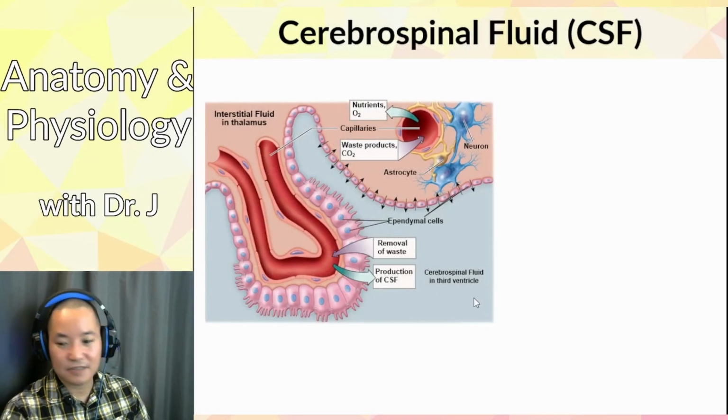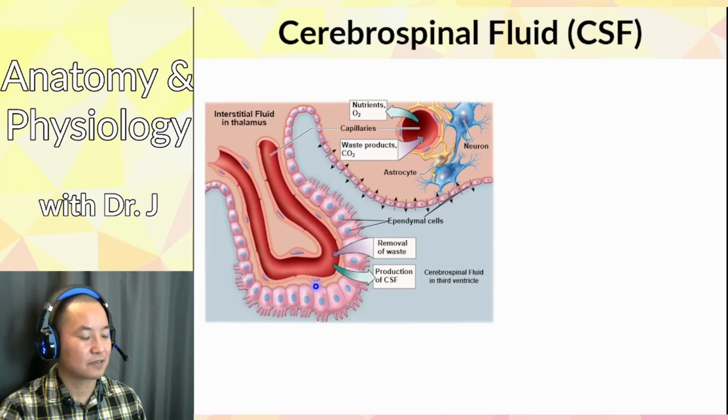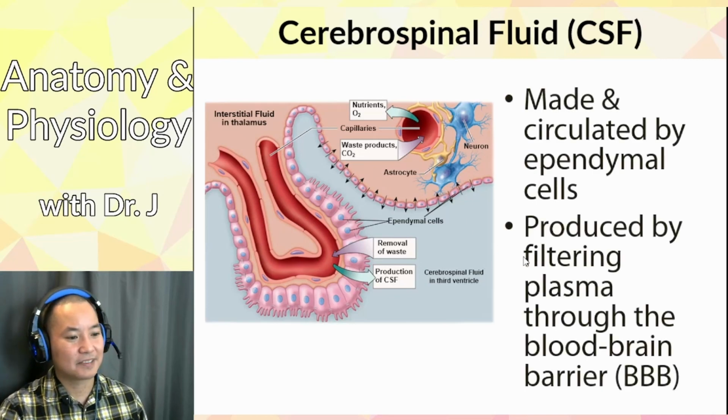And this is how you make cerebrospinal fluid. This is all your blood that runs through your circulatory system, and the fluid part of your blood is called plasma. In order to become cerebrospinal fluid, your plasma has to filter through these endothelial cells, these astrocytes, these neurons, and ependymal cells, which are the last stop before it finally becomes CSF. So this is filtered through the blood-brain barrier.